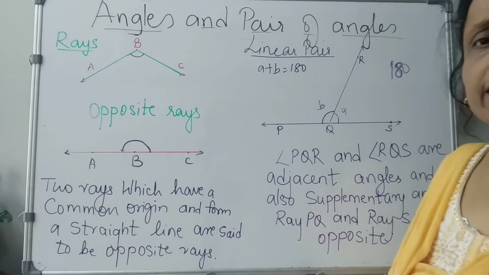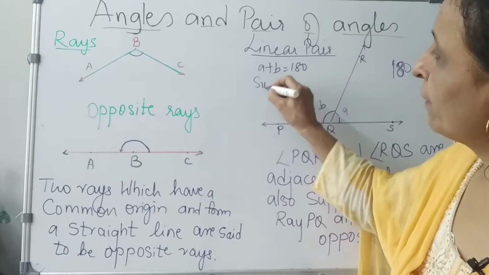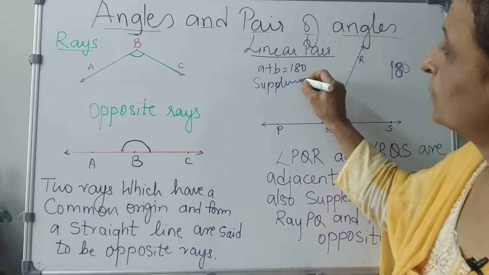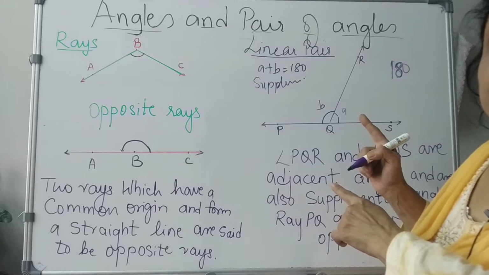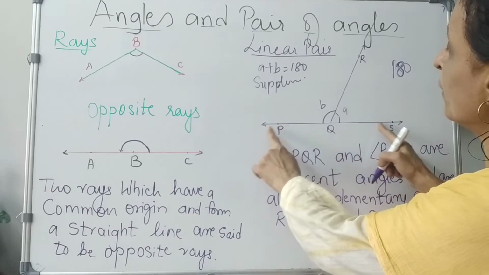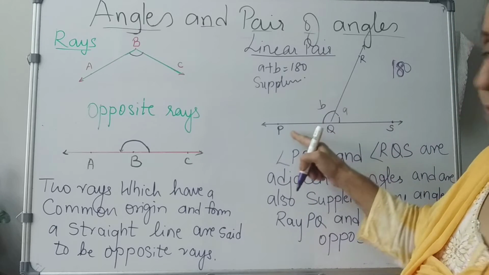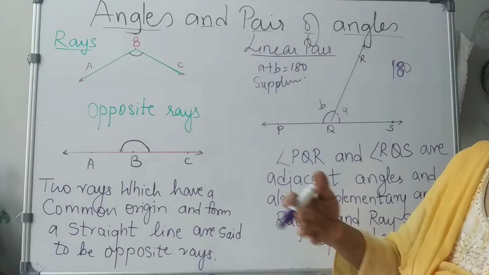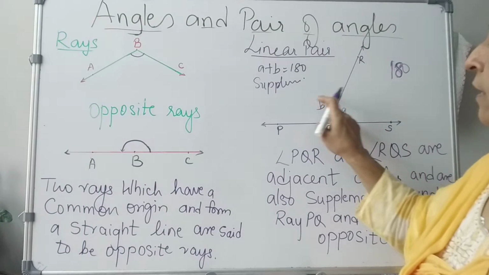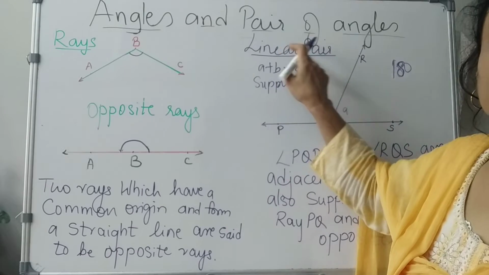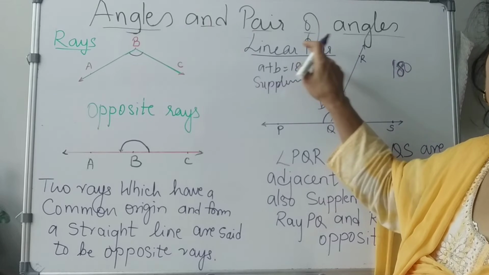So 180 is a supplementary angle. Now this supplementary angle is also known as a linear pair. Linear means a straight line. There is a straight line here and they are in pair. So they are known as angles in a linear pair.